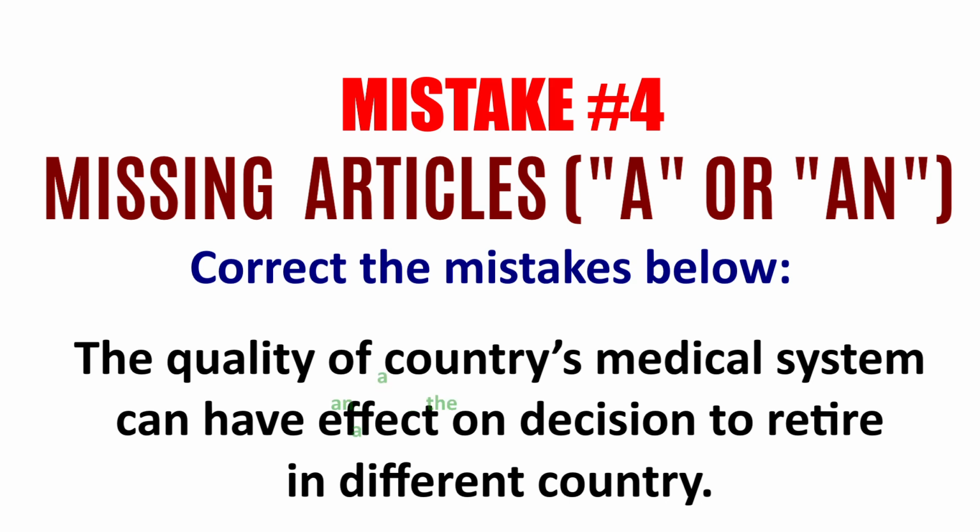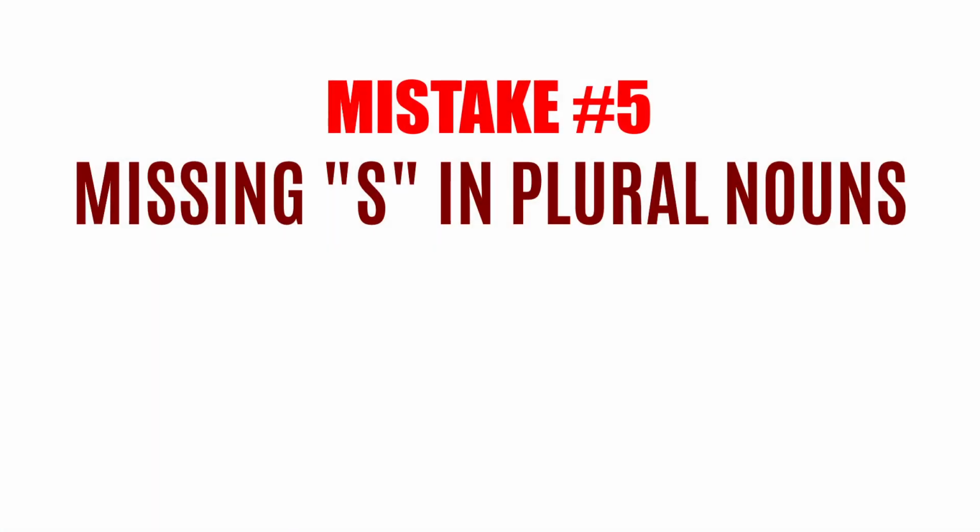Well, the quality of a country's medical system can have an effect on a or the decision to retire in a different country. So you can see if somebody wrote this, they already have 4 mistakes, 4 missing articles, so we can fix it.